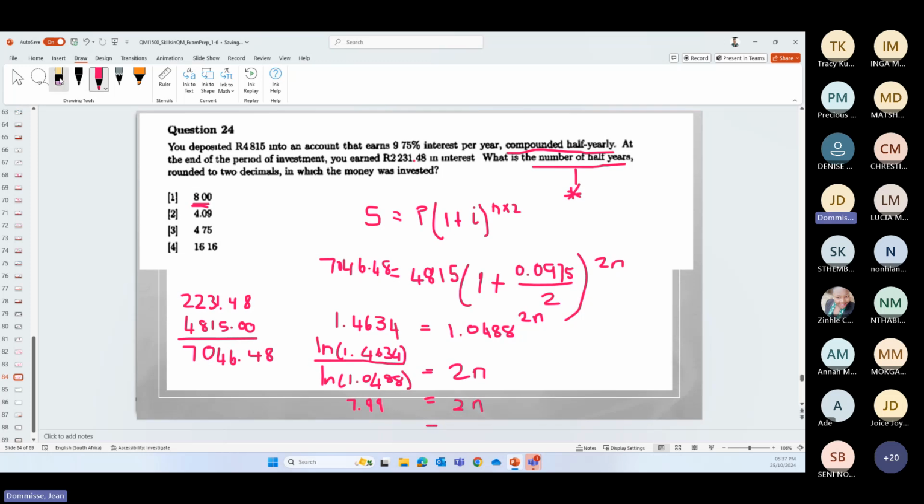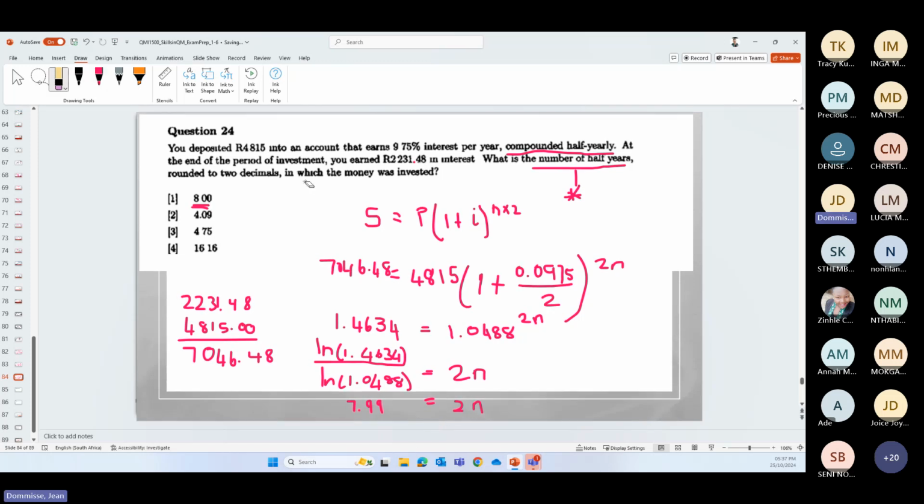Then I get, so you guys must quickly check for me, then n is actually 4. That can't be. So is n 4, and then that is 8? So is it correct that there is the 2 there?